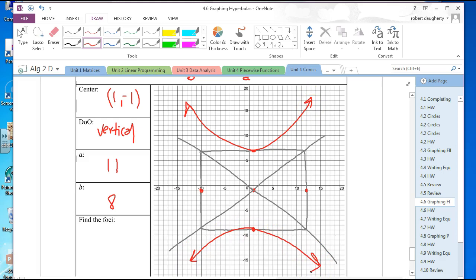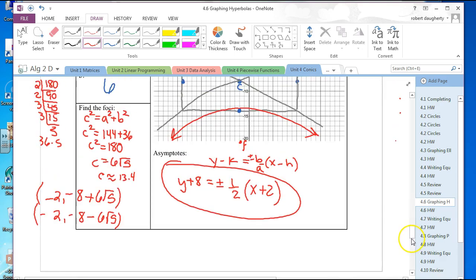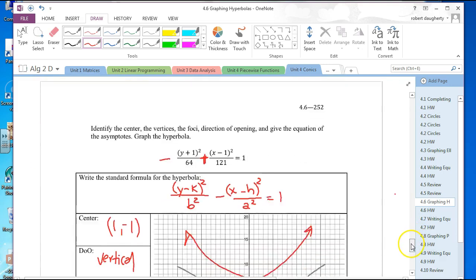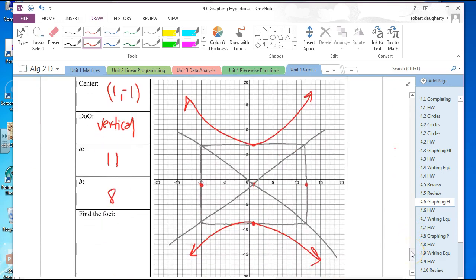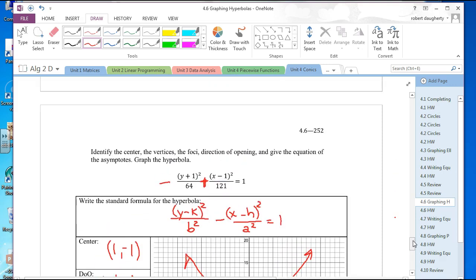What if this same problem had this positive and this negative? How would that change things? The center doesn't change, A and B do not change, but what would change when I get to this point right here? I would be graphing over here and over here. That's the only change. Let me take that off of this problem.